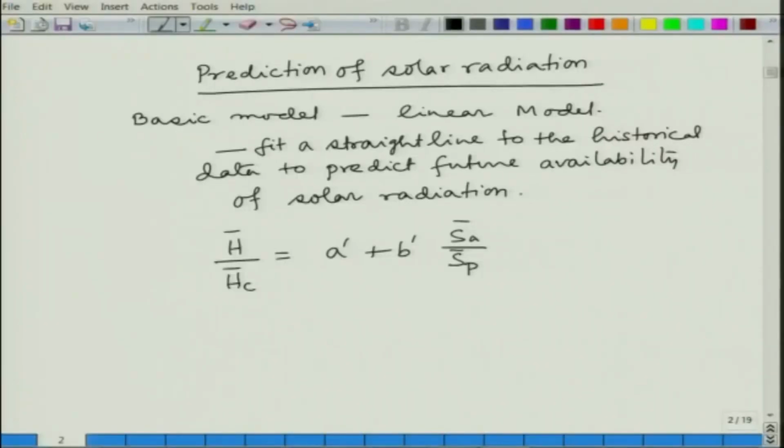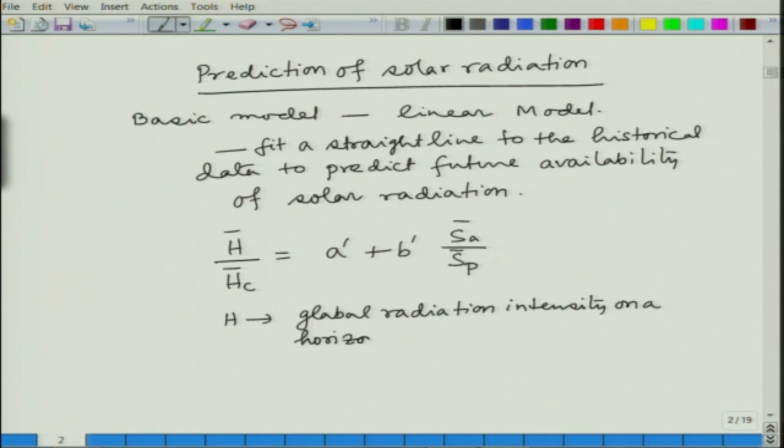These H that we have talked about, H means the global radiation intensity on a horizontal surface. So, H you can relate to horizontal surface, and that is why the symbol is taken.